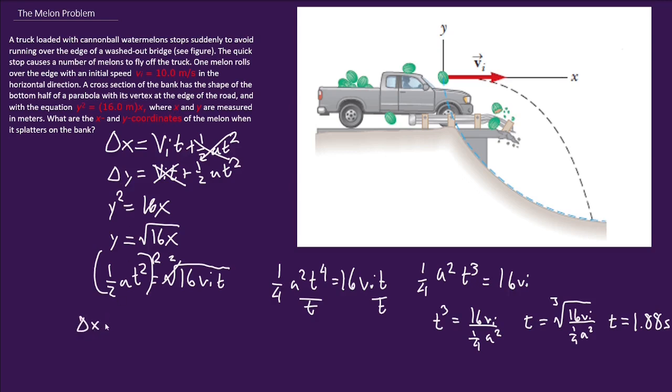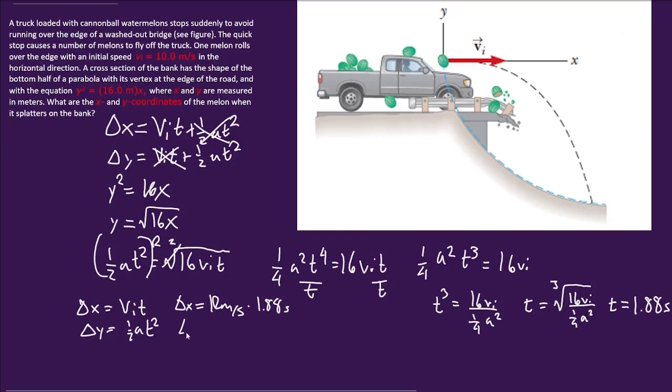So delta x is equal to v_i t, and delta y is equal to 1/2 a t squared. So that would be delta x equals 10 meters per second multiplied by 1.88 seconds.